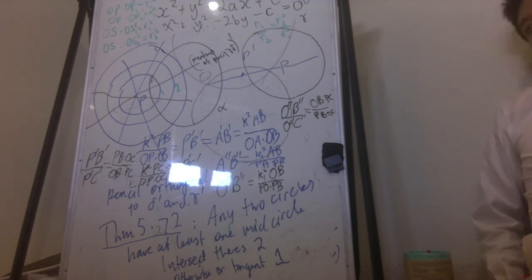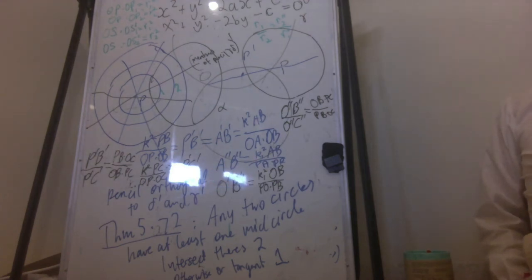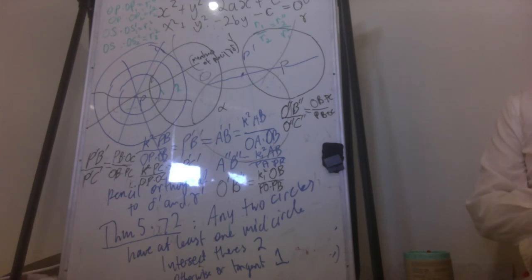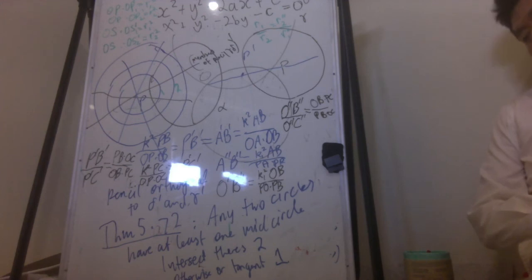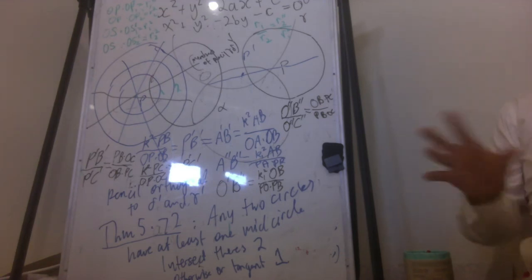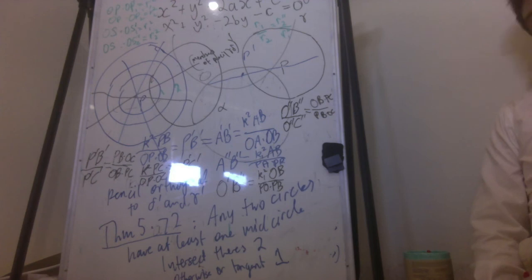You might as well just describe it explicitly, like the circle which inverts one to the other. Good name, mid-circle. So obviously they value the notation-reducing exposition kind of value, as opposed to the descriptiveness value.